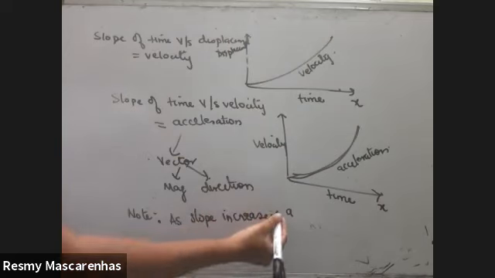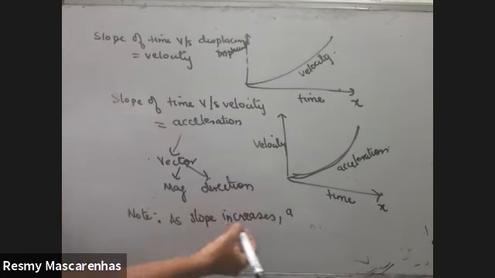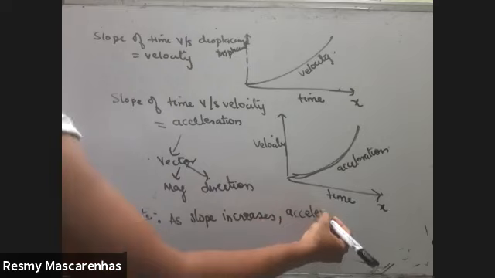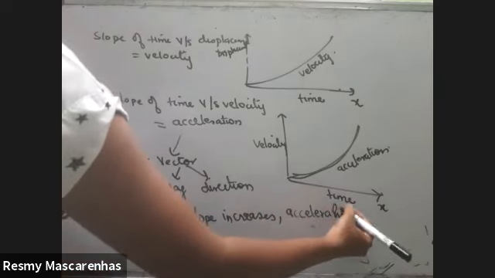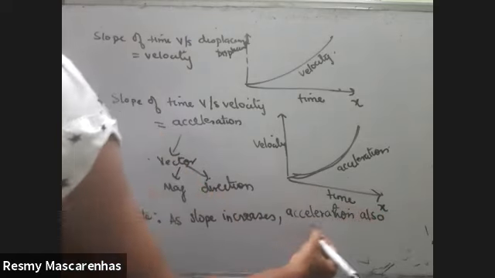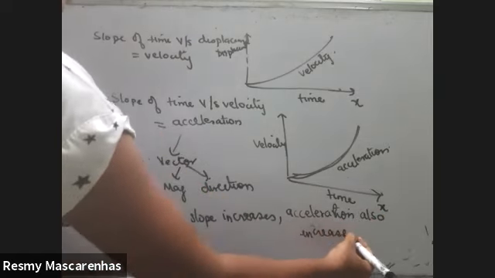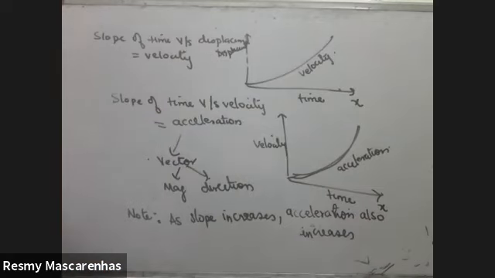So on a slope, you have to always accelerate. So as the slope increases, acceleration also increases. I'll show you how it looks. Just see.